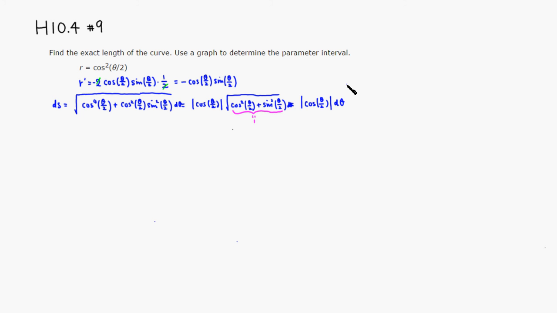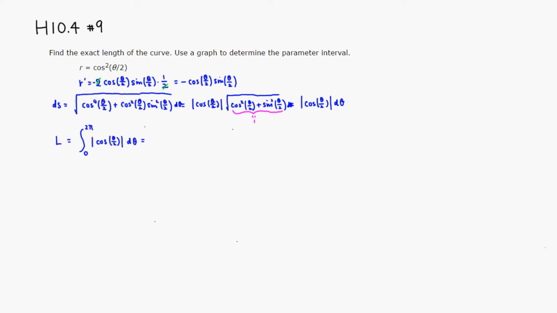So we have a d theta here and d theta. If you want to find the arc length, say L, this is going to be the integral from 0 to 2 pi to go all the way around of the absolute value of cosine of theta over 2 d theta.